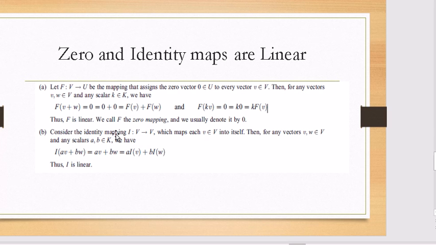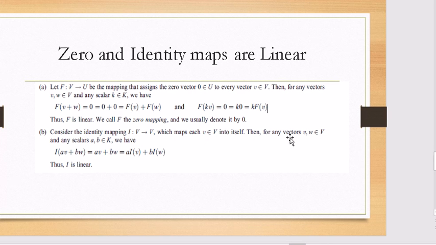Next, we consider the identity mapping from the vector space V to itself. Note that the zero map can be between any two vector spaces, but the identity map is between a vector space and itself. We all know what the identity map is. It maps every vector in V to itself.